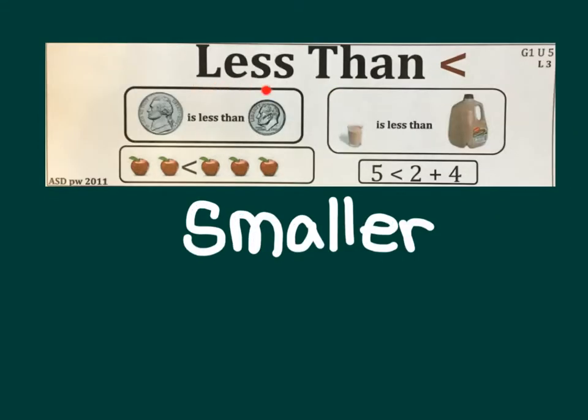When we think about the less than symbol, we think about numbers or items that are less or smaller. For example, a nickel is less than a dime because 5 is smaller than 10. A cup is less than a gallon because a cup is smaller than a gallon.